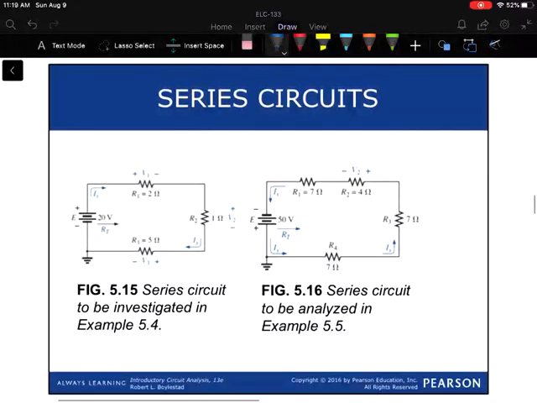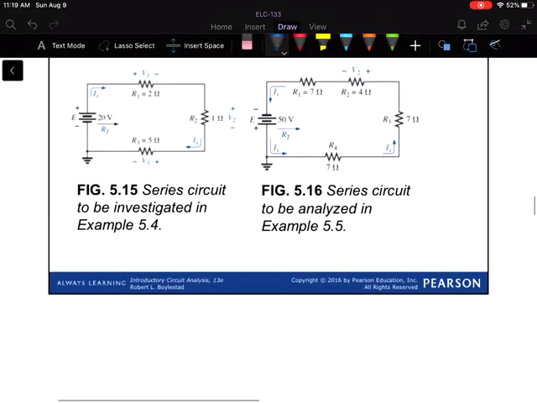Okay, let's look at our series circuit here, and let's work with the second circuit. You can find both of these in your book. So in series, remember our total resistance is just the sum of the series resistors.